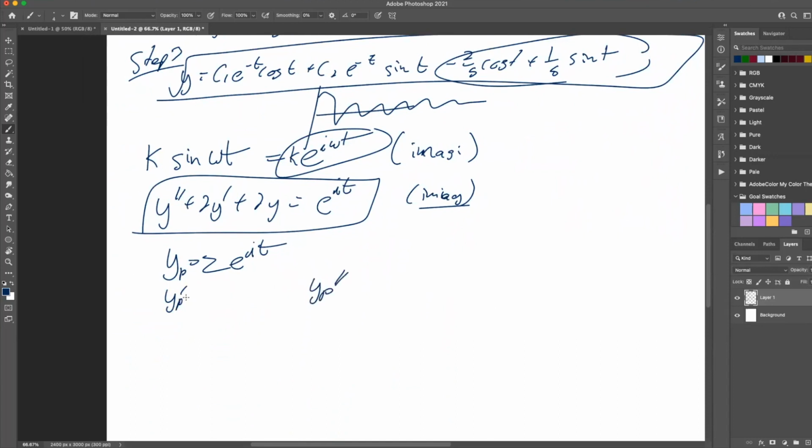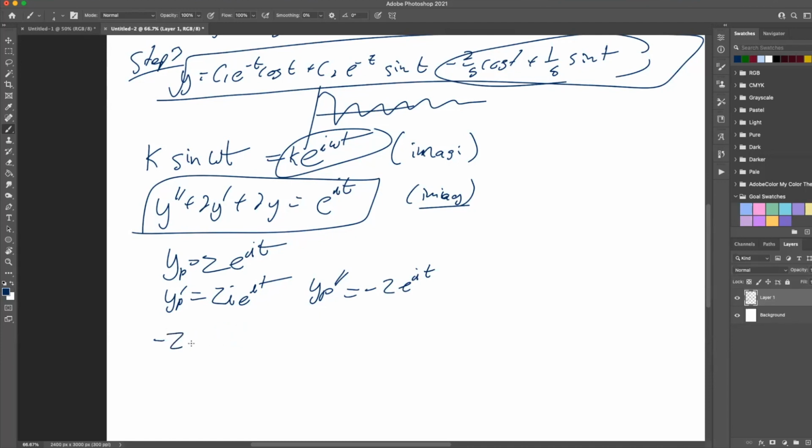Now this might seem crazy. Why is he doing all this extra hard work? I e to the it, and this will be minus z, no more i e to the it. Now why would I do this? Well, this is minus z plus 2i. Oops, I forgot my e to the it.